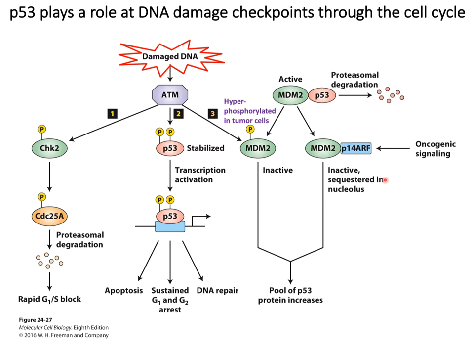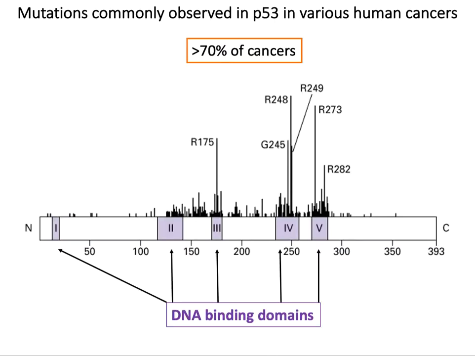I also need to mention that MDM2 is often affected in tumor cells, and it is hyperphosphorylated in tumor cells. So all these could be considered loss of function in various ways that may lead to neoplastic phenotypes.